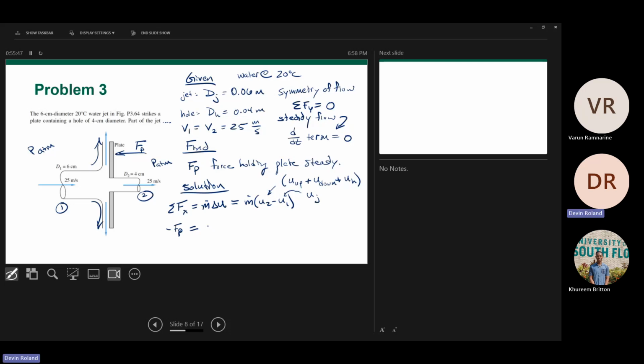So when we write this, we can say that we have m dot up, u up, plus m dot down, u down, plus m dot hole, u hole, and then minus, there's that minus sign, m dot j, uj.